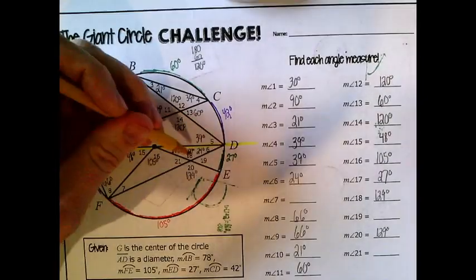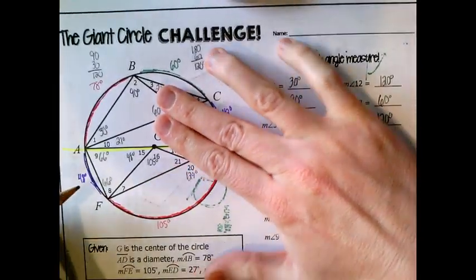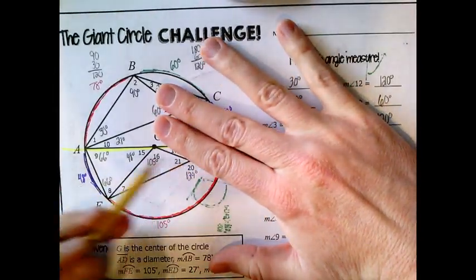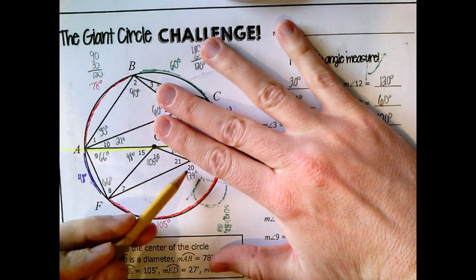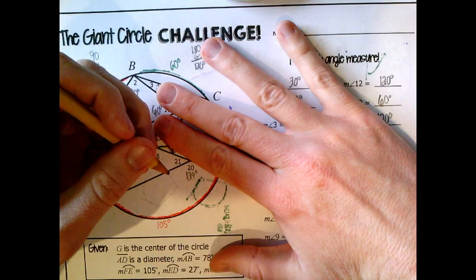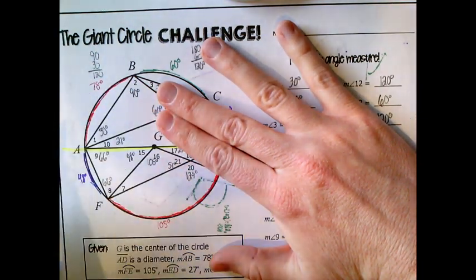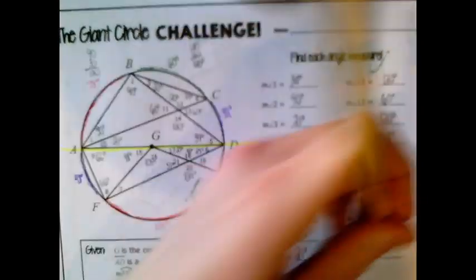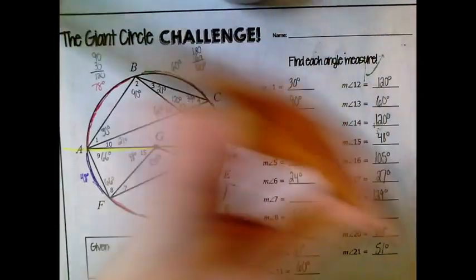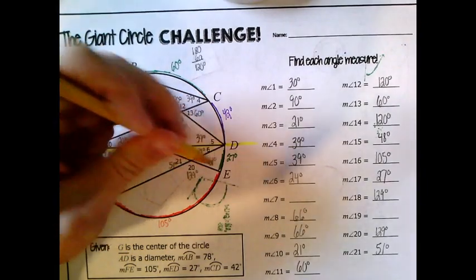These two are side by side, 20 and 21. Side by side are supplementary. So if I do 180 minus 129, that gives me 51. So those are supplementary. So 21 is 51 degrees. These are vertical, so that's 51 degrees.